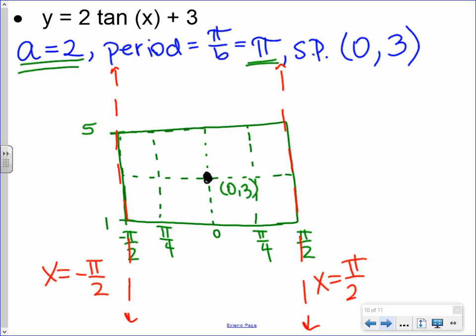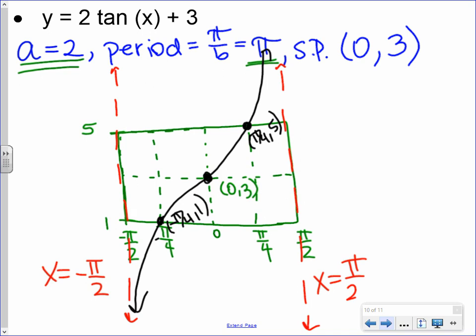But then on the quarter marks, we want our tangent to rise. And as always, label those points.